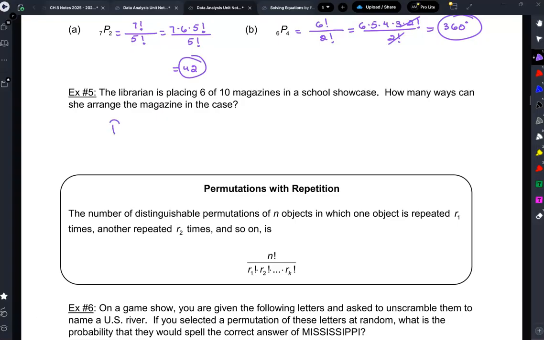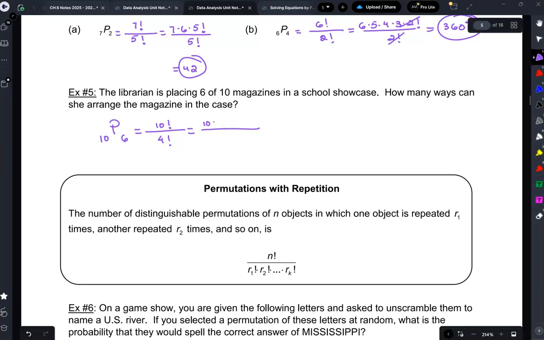So that's why this is a permutation, okay? Permutation of choosing 6 objects out of 10. This is 10 factorial over 4 factorial. 10 times 9, 8, 7, 6.